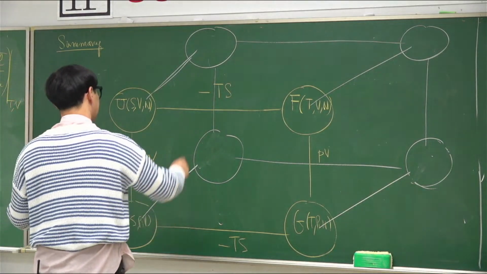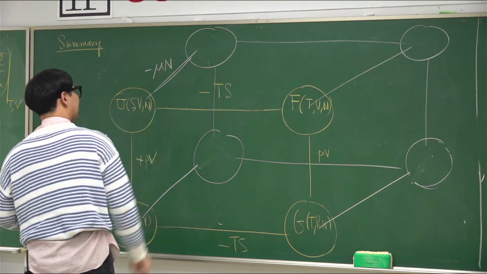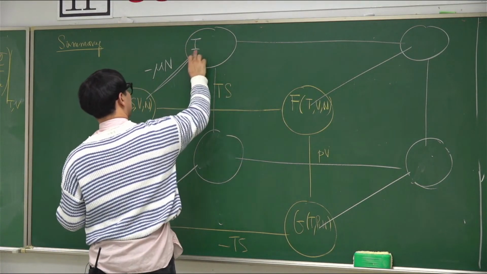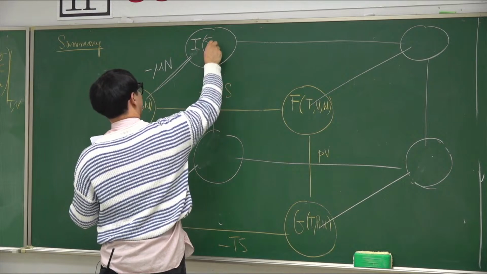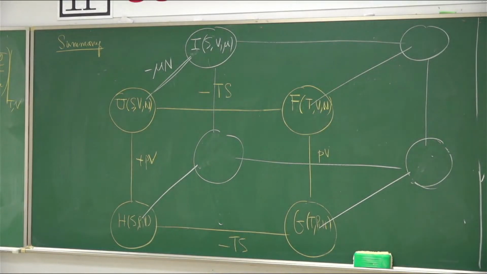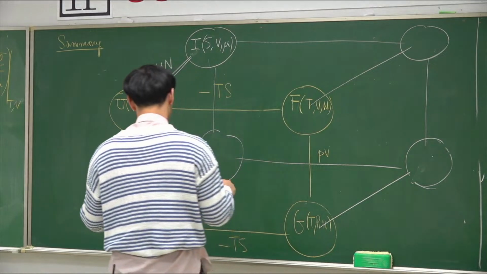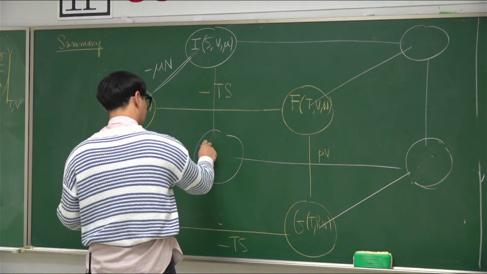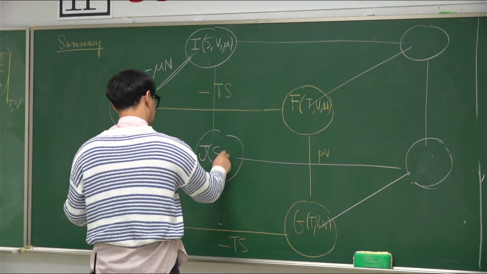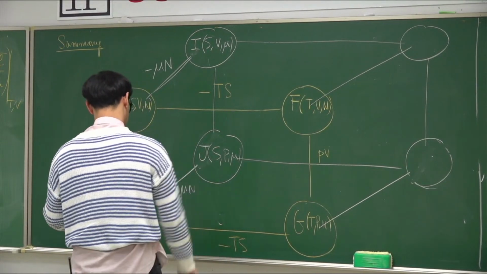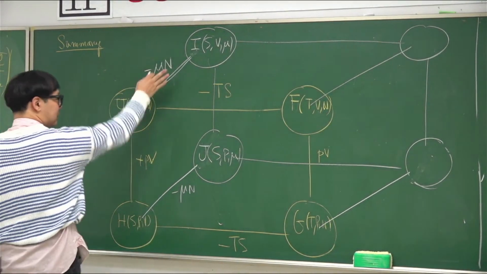So if I add this, I'm going to have this quantity, S V mu. What is S V mu? It's some other type of energy anyway. And then you get this, S P mu, if you add here in this direction.